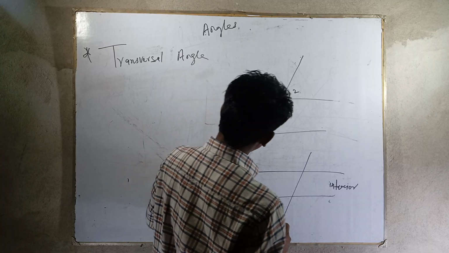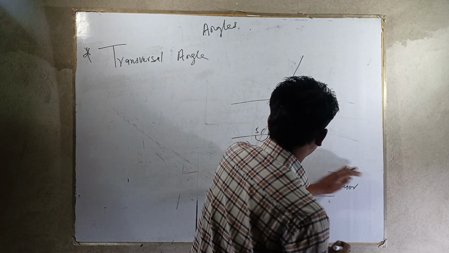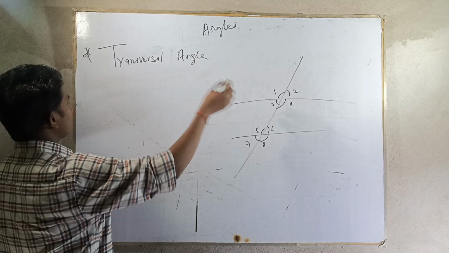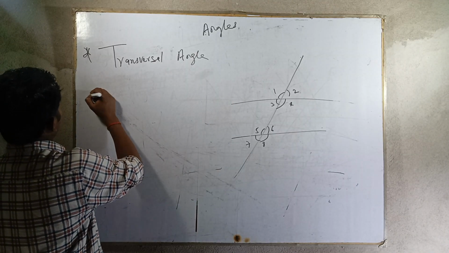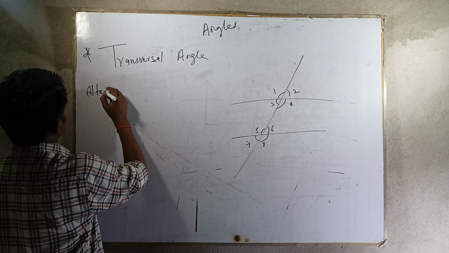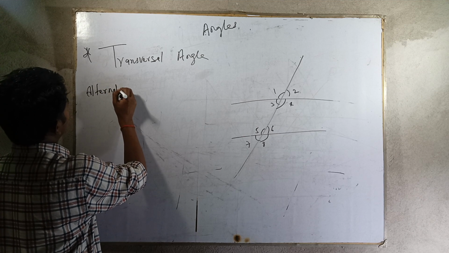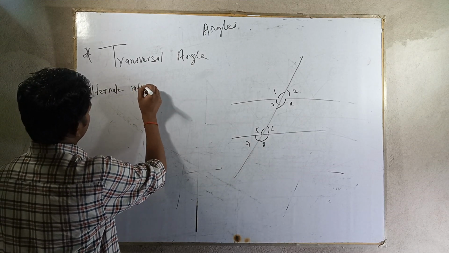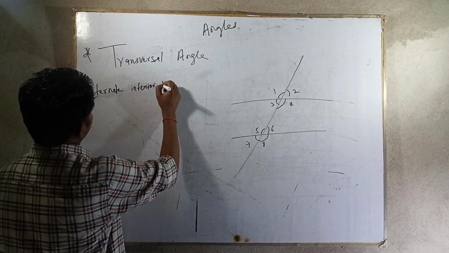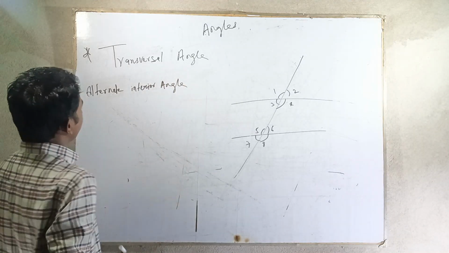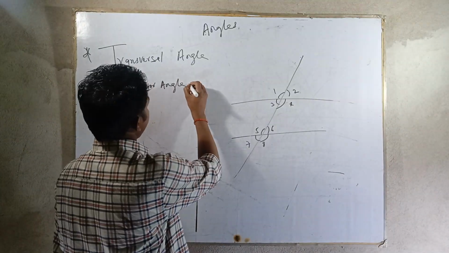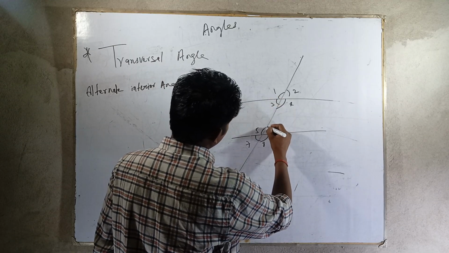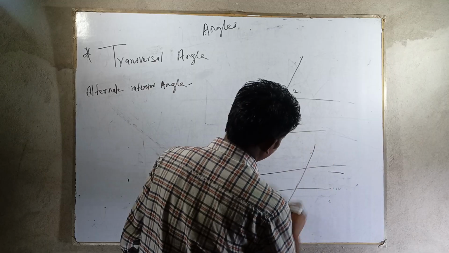First I need to say about the alternate angle. A pair of alternate angles in the interior are alternate interior angles. Alternate interior angles means 3 equals 6.